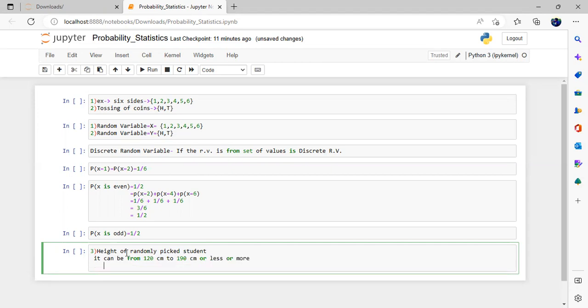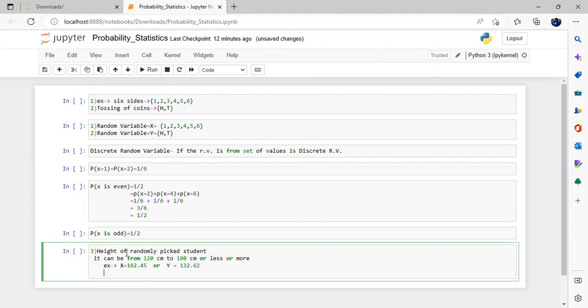So, for example, x equals 162.45 or y equals 132.62.